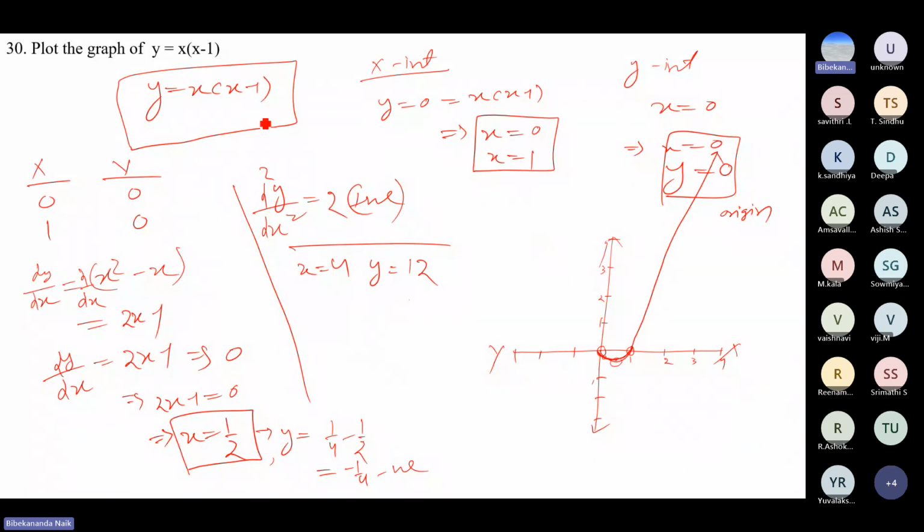Similarly, suppose x equal to minus 2, then y will be 4 minus of minus 2, so y will be 6. So the curve will be like this.